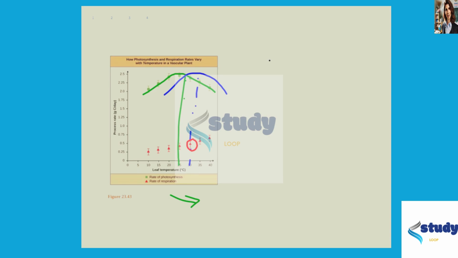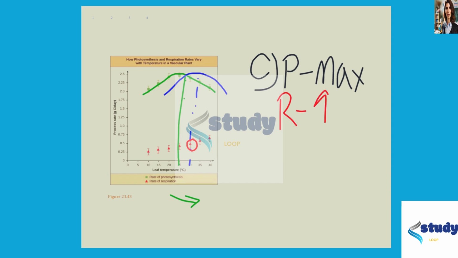And so part C wants us to pose a couple of questions. And there's no right answer to this. It's just thinking scientifically. And so if our photosynthesis rate is able to stay at its max, the peak, but the respiration rate has increased from where it was before, the difference between the photosynthesis rate and the respiration rate is now higher, right?